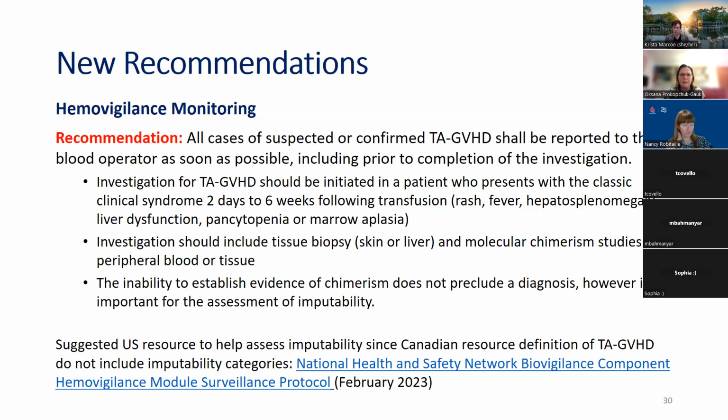And there's also a link to the National Healthcare Safety Network Biovigilance module from the United States, which is the most descriptive in terms of what would be considered a possible or a probable case of transfusion-associated graft versus host disease, even if you don't have the tissue diagnosis of two genetically distinct white cell populations within that tissue.